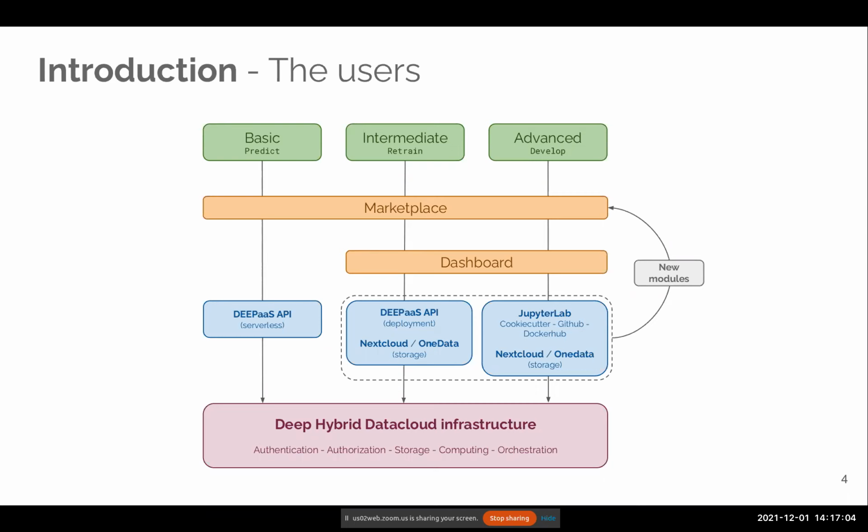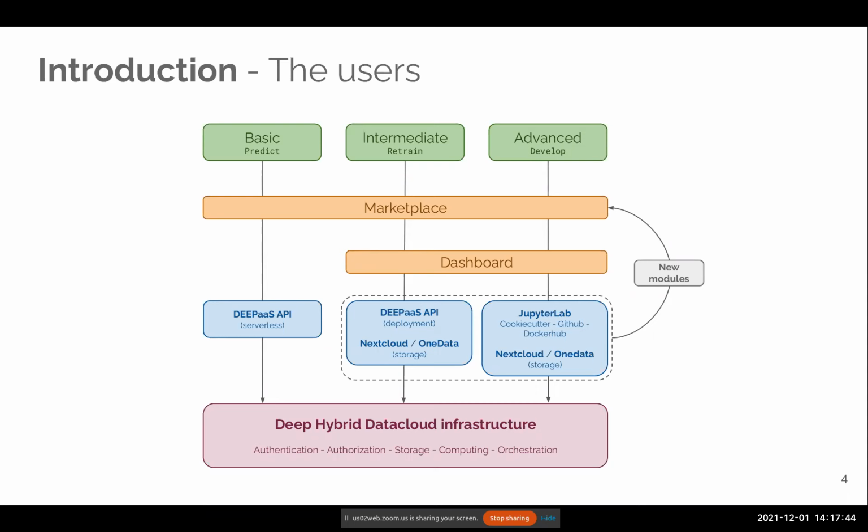The basic user is going to go to the Deep marketplace, and from there choose any module they like, and access it through a standardized API which we developed, the DEEPaaS API. From there, without any fuss, he will be able to access the predictions of any module without having to do anything.